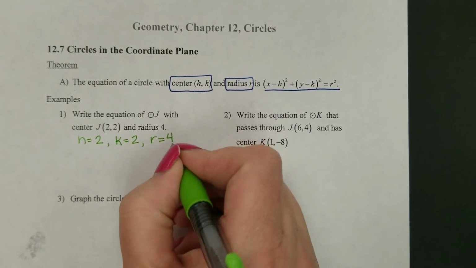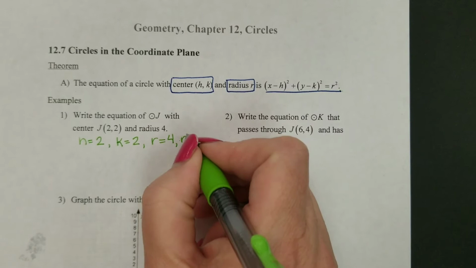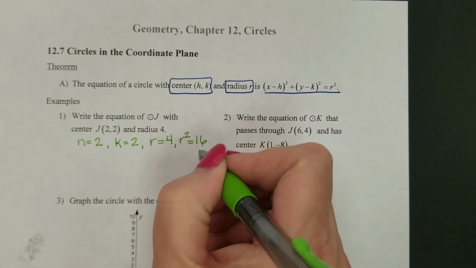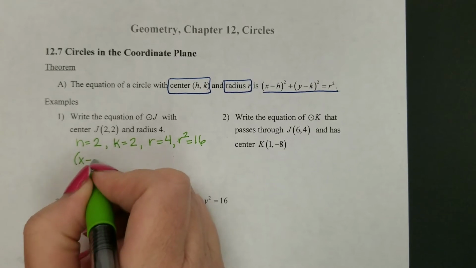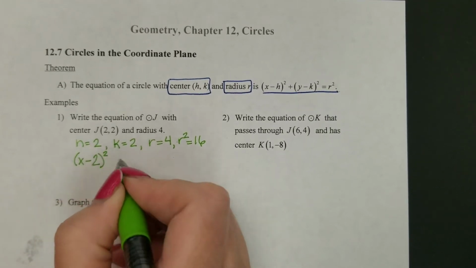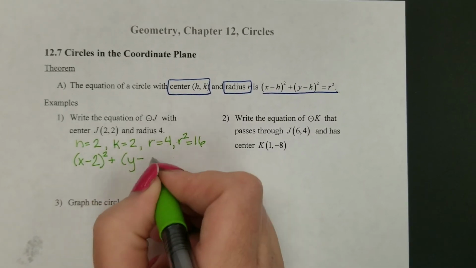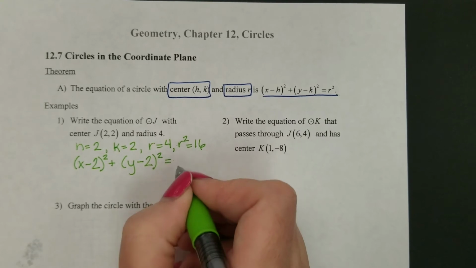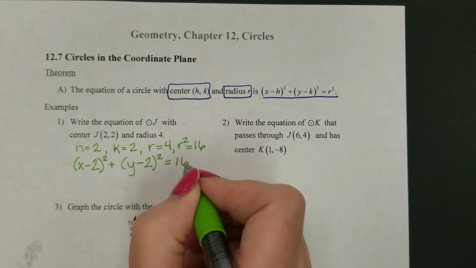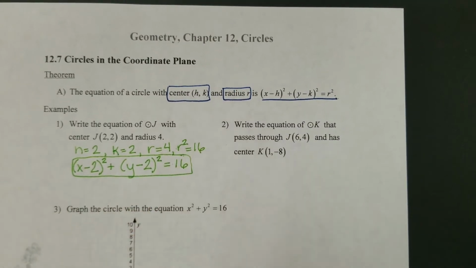Now in the equation, we use r squared, so r squared is 16. So we're going to take x minus h, which is 2, square that, add y minus k, which is 2, and square that, and then that equals r squared, which we found was 16. And there's the equation for circle J.